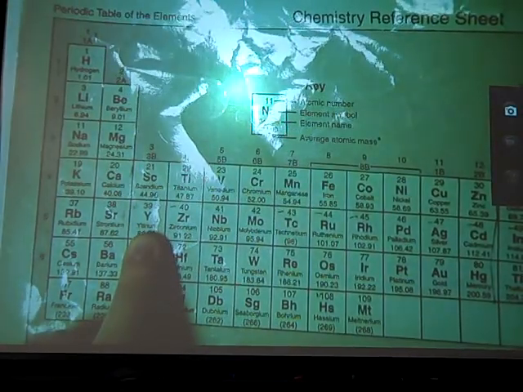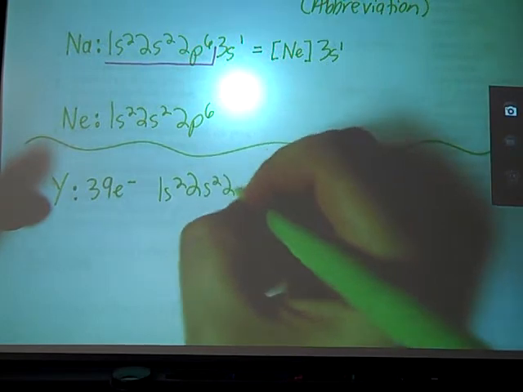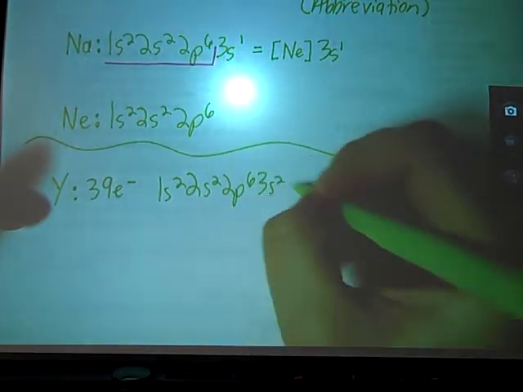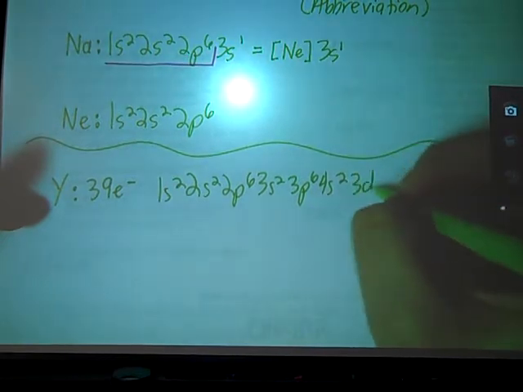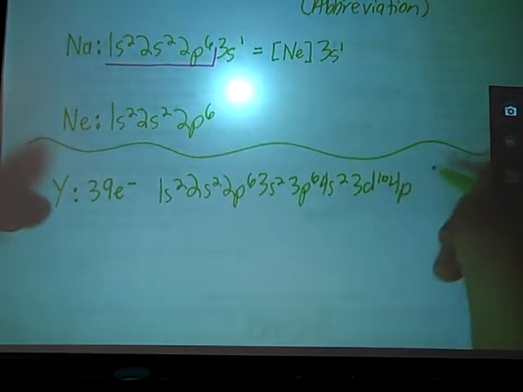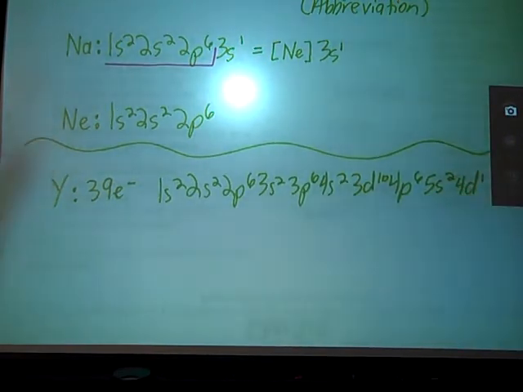Here is yttrium. 1s2, 2s2, 2p6, 3s2, 3p6, 4s2, 3d10. Maybe I picked one that was too interesting. 5s2, 4d1. Phew, there we go.